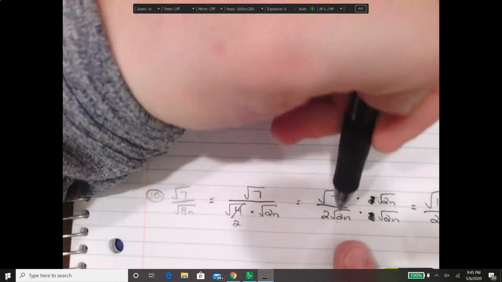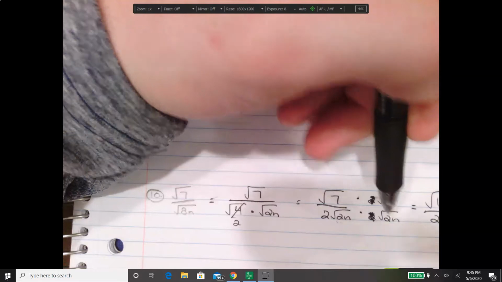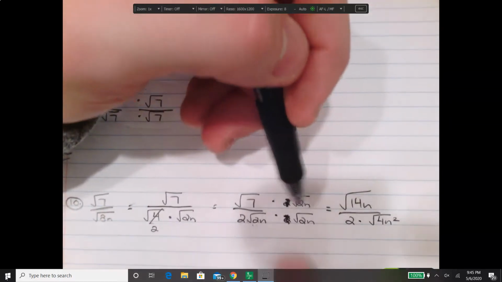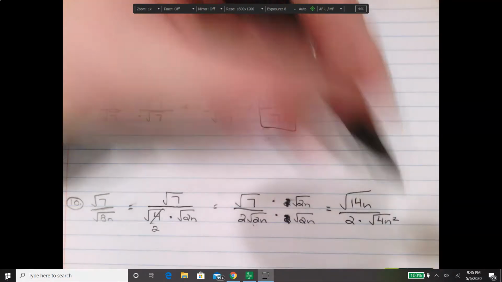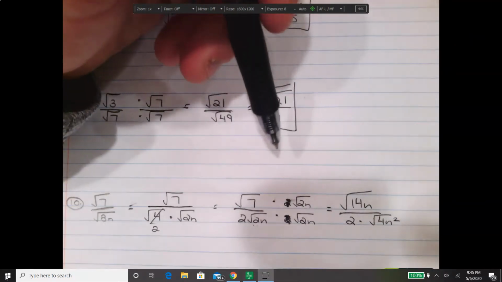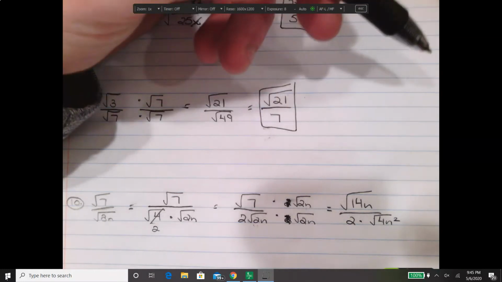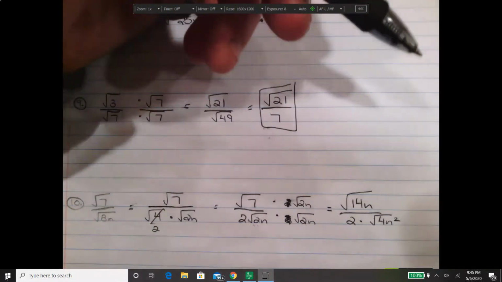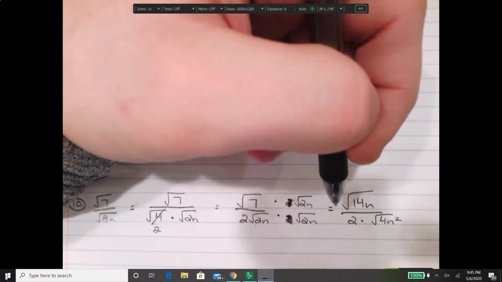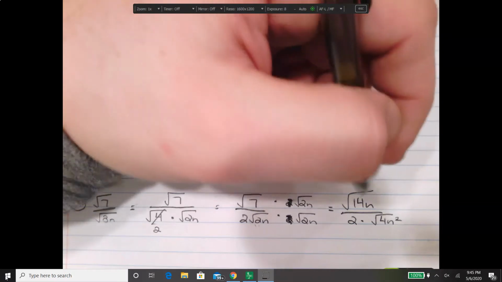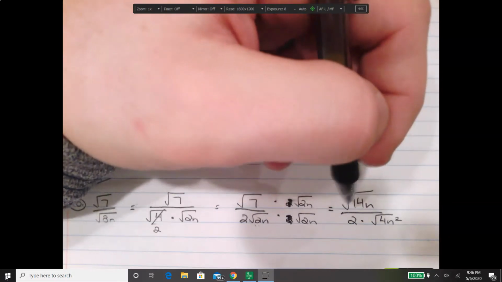And that's because we're taking this radical 2n times radical 2n. So 2 times 2 is 4, n times n is n squared. All right, now a couple things we have to do real quick before we finish this problem out. My numerator is already finished. I can't go any further from 14. I cannot divide it by a perfect square and simplify this anymore. So radical 14n is as low as we can go.